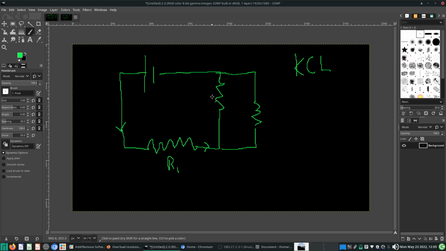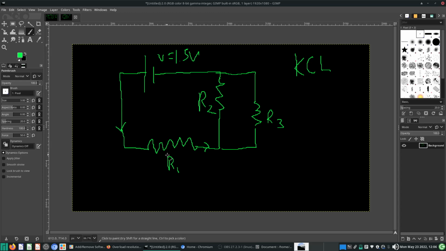Say you have R1, R2, R3, and a voltage source of 1.5 volts. Each resistor has some fixed resistance. This is usually the setup of a circuit.